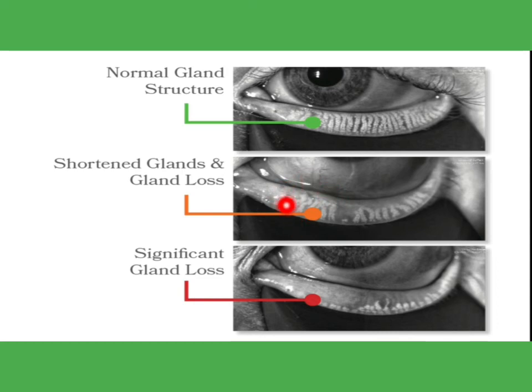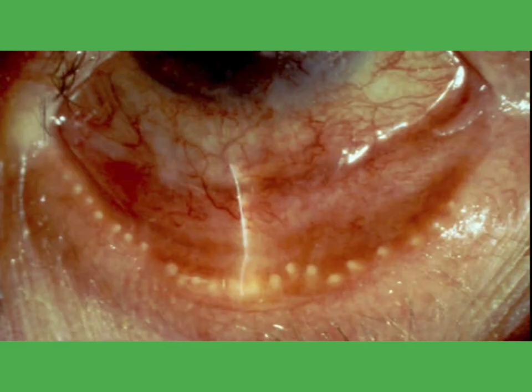Here you can see these are the normal glands, and in between them there is atrophy that cannot be reversed, and significant gland loss is there, where you cannot see the glands, because the glands are not getting back to their normal or healthy state, because the MGD became long standing in this case, so this person will have this dry eye symptom for whole life. Okay, so here also you can see there are many blocked orifices.